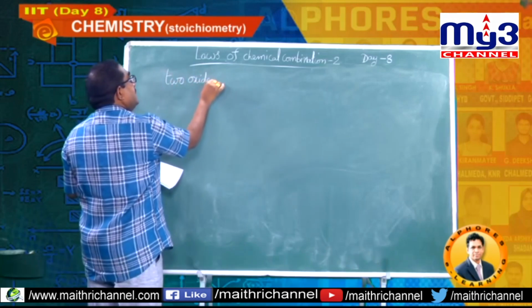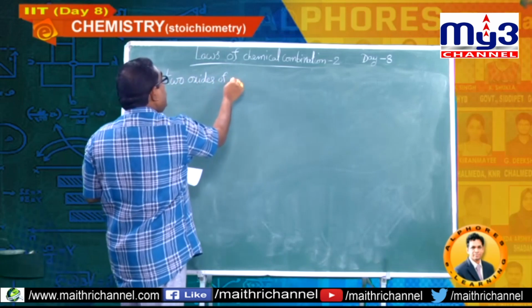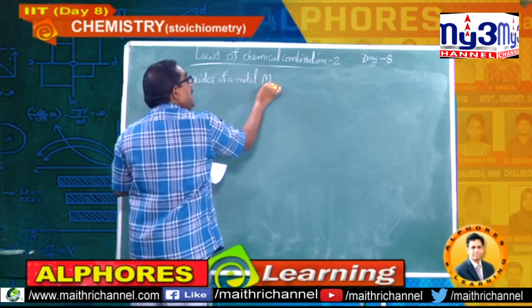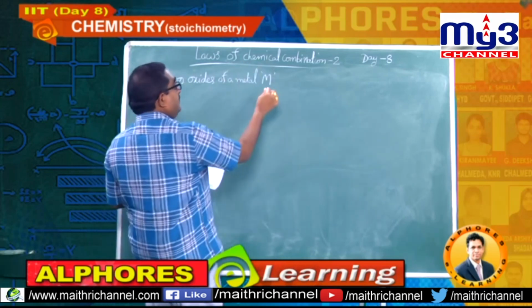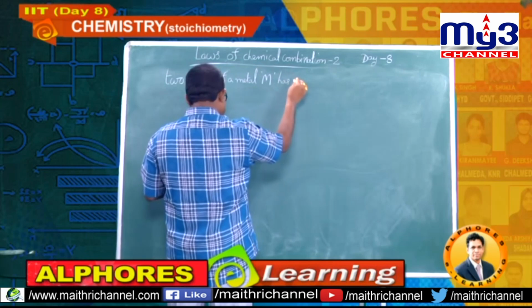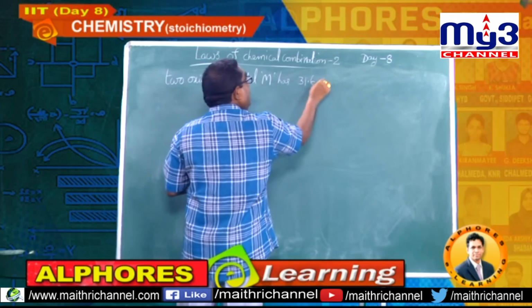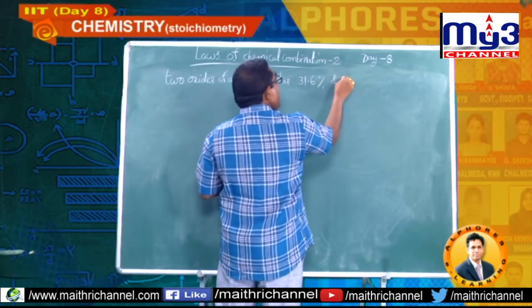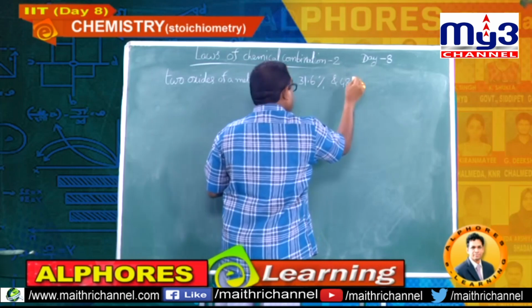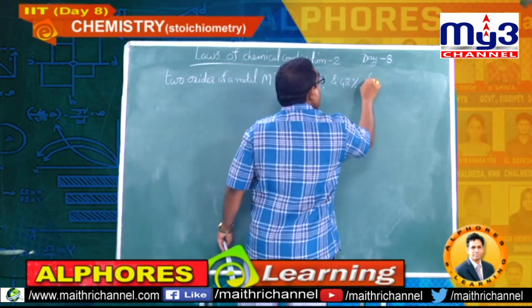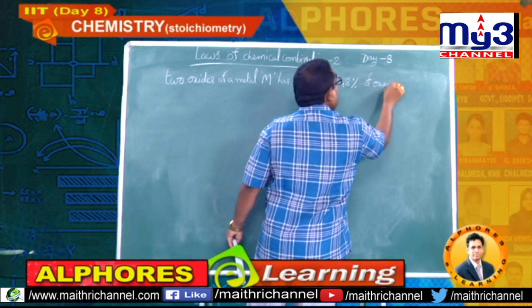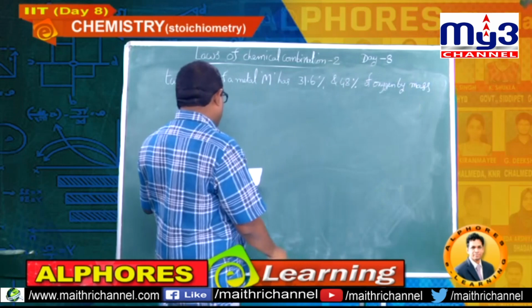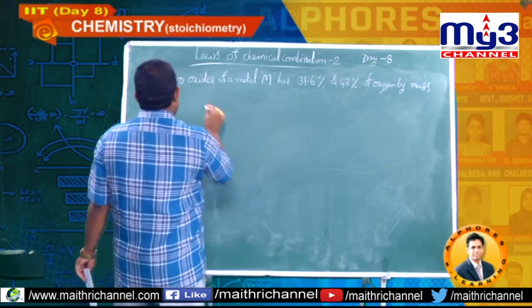Two oxides of a metal, capital letter M, has 31.6% and 48% of oxygen by mass, respectively.